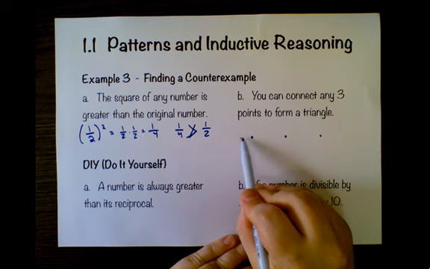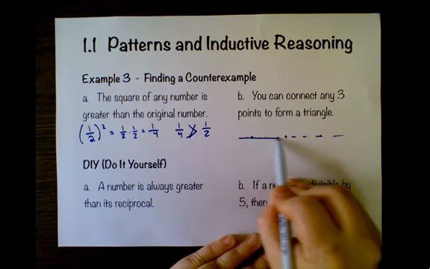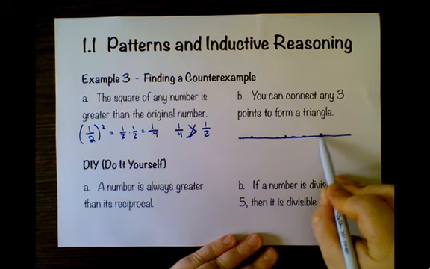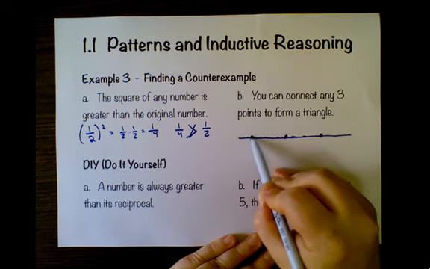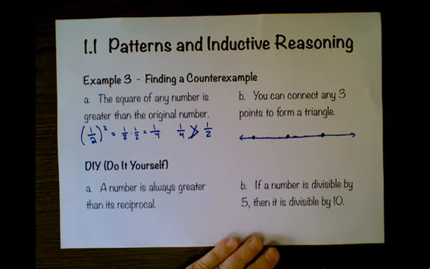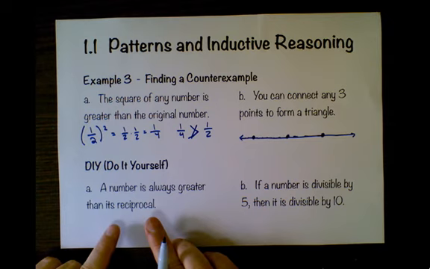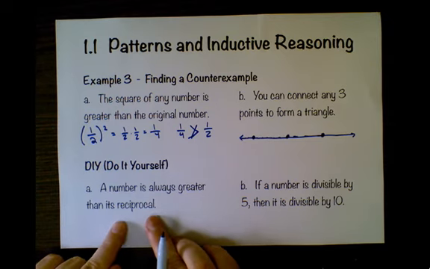If my 3 points are all on a line, I guess I shouldn't dot those because it makes it look like my points. If my 3 points are all on a line, I can't make a triangle out of them. So there's my counterexample.